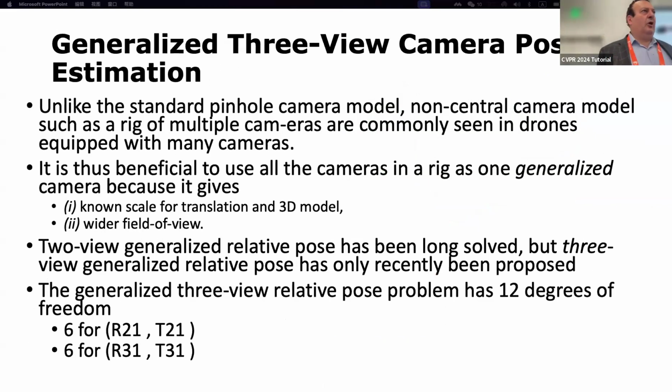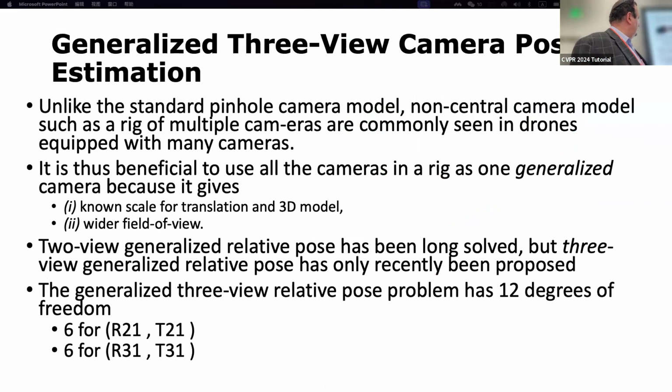Okay, another problem. Whenever you have cameras that are together in a rig, fixed, you can consider them as a generalized camera. The advantage is that you fix the scale for the two of them, and you have a wider field of view because they cover a larger space.